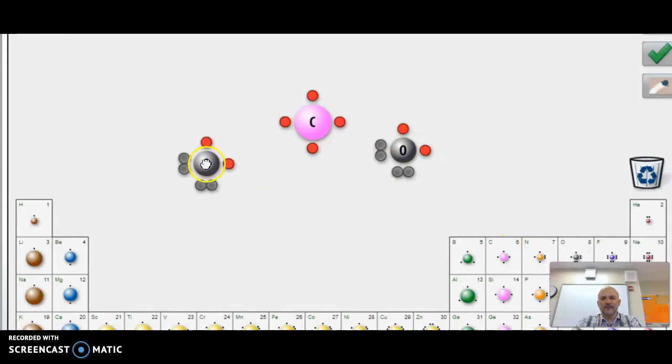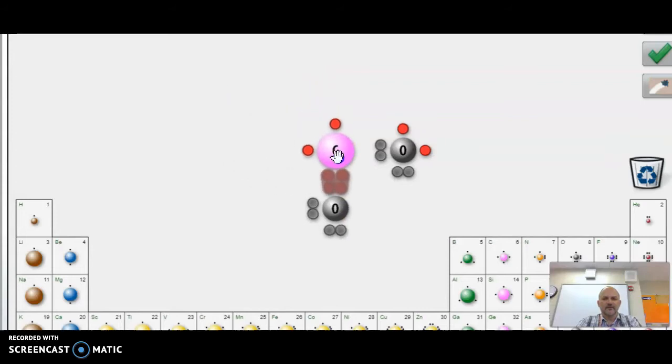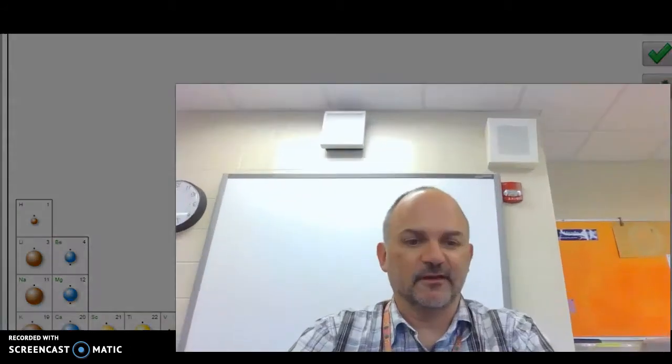Okay, this carbon has 4 bonding electrons around it, and each oxygen has 2 bonding electrons. So I'm going to make the bonds with those. Okay, so that works out. I'll move this oxygen over here so it can make its bonds with these. And that's going to be CO2. That's what this Lewis structure looks like.